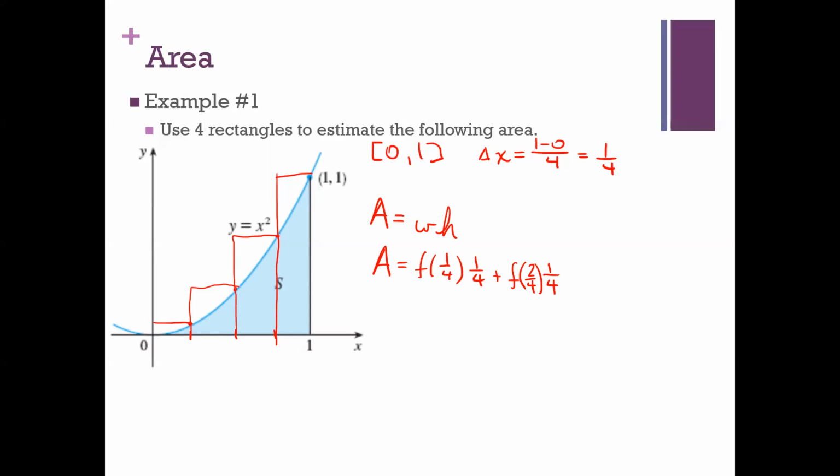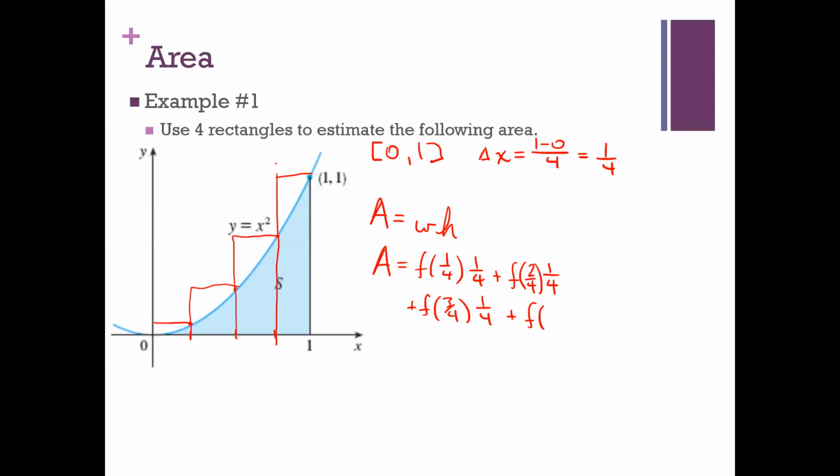So this is f of 1/4, f of 2/4, and then how would I find the area of that next rectangle? I'm still on the third rectangle. 3/4, right? What does that f of 1/4, 2/4 symbolize? f as in the function.